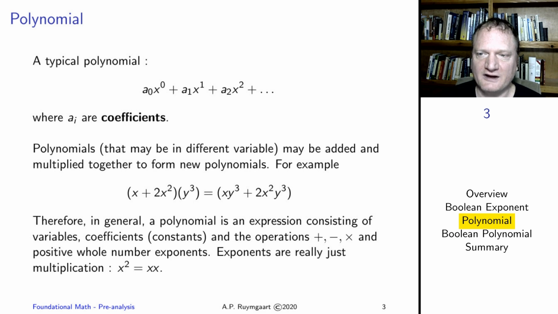We multiply these together, and we get the new polynomial x y to the power of 3 plus 2x squared y to the power of 3. So in general, a polynomial is an expression consisting of variables, coefficients, which are constants, the operations of addition, multiplication and negation, and positive whole number exponents.